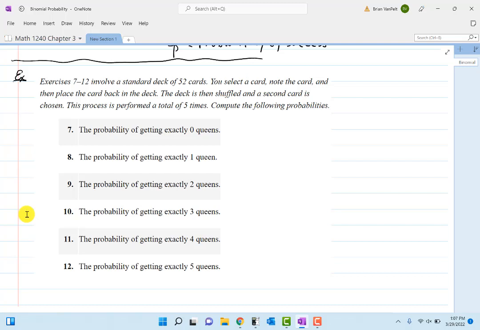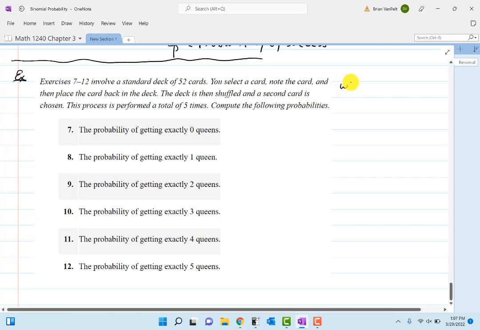Well, let's start with the probability of success. So when you pull a single card, the probability it is a queen is, I'm going to call this lowercase p because I'm going to use it as my probability of success.